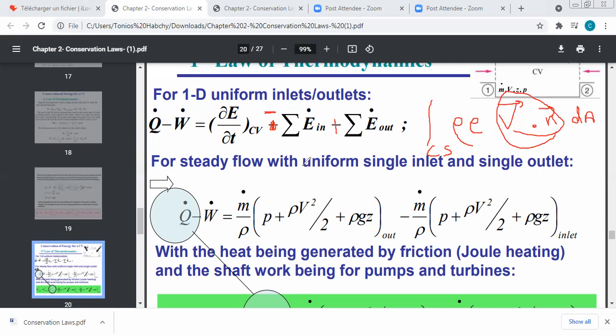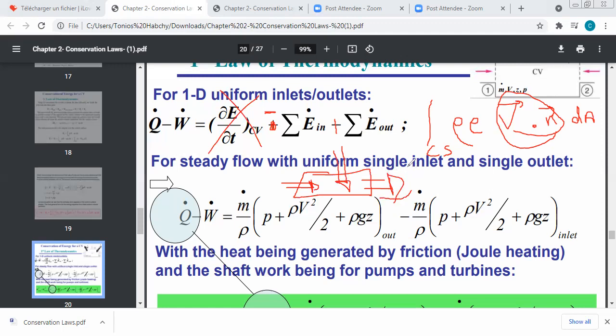So I'll give you a small example. Let's say you have a steady state application. If you have a steady state application, this term will cancel out. So let's say you provide heat to your system. Physically, what will happen is that a flux coming in will gain this energy and take it with it out.